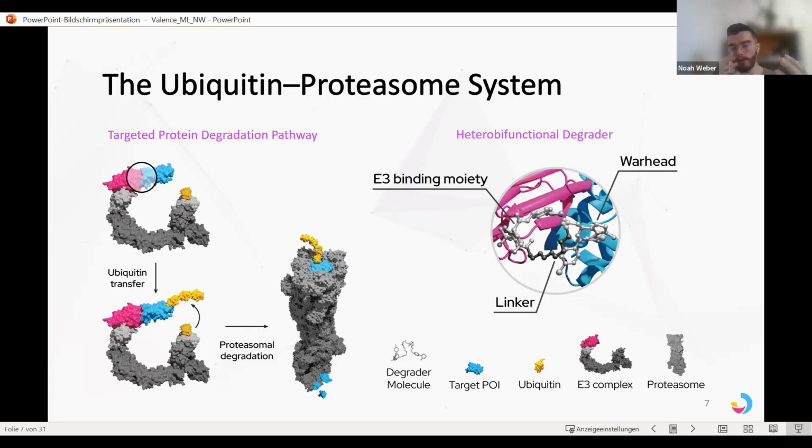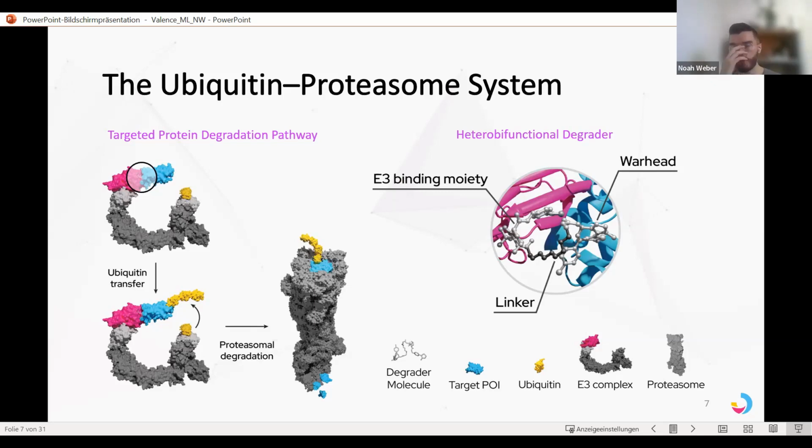And as you can imagine, and that's exactly what we are going to go into, it becomes a lot of computational decisions and what constitutes stability. How do we choose the linker molecule? How do we choose the warheads on the E3 binding moiety? These different decisions and choices are exactly what influences whether at the end of the day we have a valid molecule, the degrader molecule, or not.